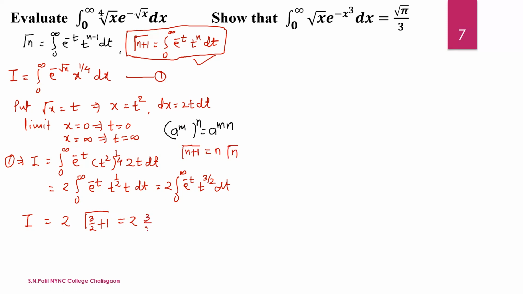That is, it can be written as 3 by 2 gamma of 3 by 2. Again, we write 3 by 2 as n plus 1, so it can be written as 2, 3 by 2, gamma of 1 by 2 plus 1. Now 2 into 3 by 2, applying the same result, gamma of n plus 1 is n into gamma n, gives 1 by 2 gamma of 1 by 2.